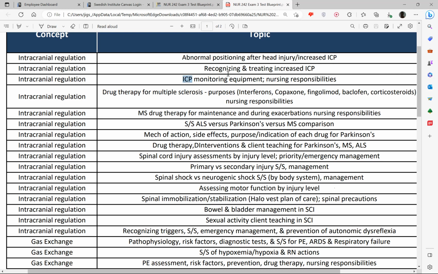All right, so number 3. What is the most commonly used ICP monitoring equipment? Because remember, we cannot measure ICP, intracranial pressure, without an instrument. There has to be a device. The most commonly used is the intraventricular catheter. There are, of course, many mentioned by the textbook, bolts, screws, but the most commonly used one is the intraventricular catheter.